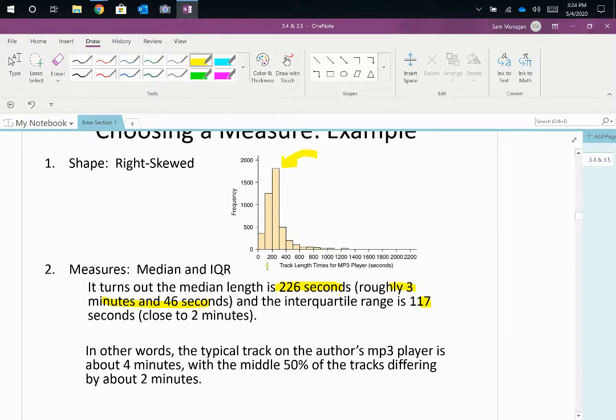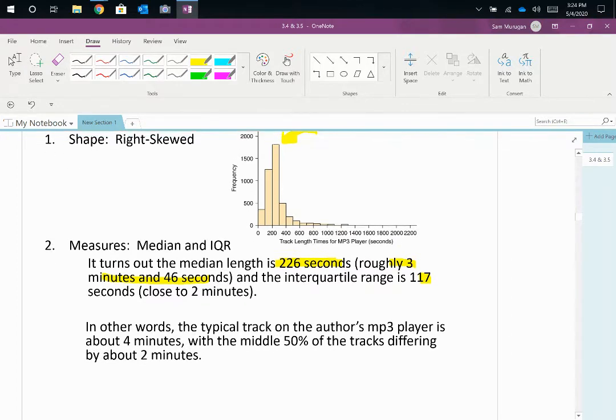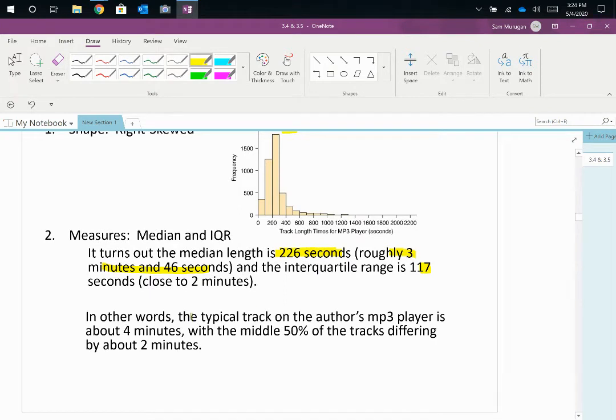You can't really see it here because it's kind of distorted. In other words, the typical track on the author's MP3 player is about 4 minutes, with the middle 50% differing by only about 2 minutes. And notice there are some really long songs out on the edge here.